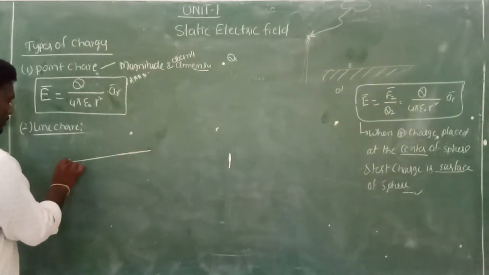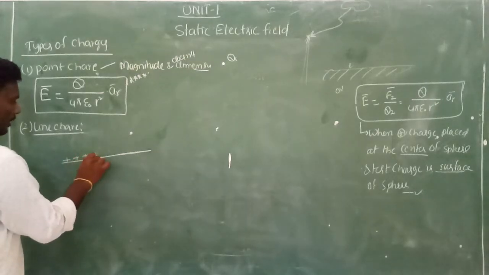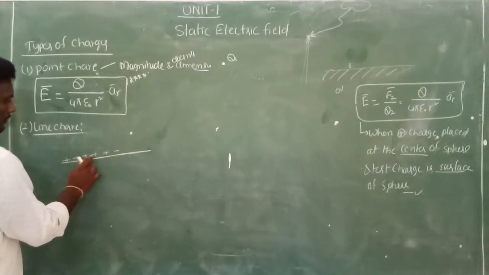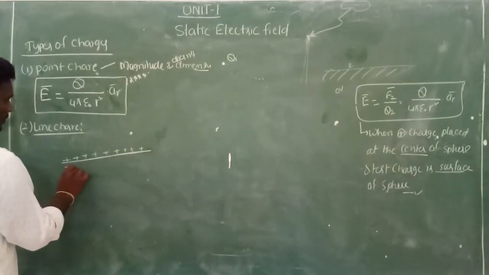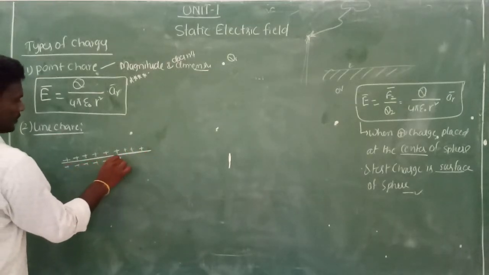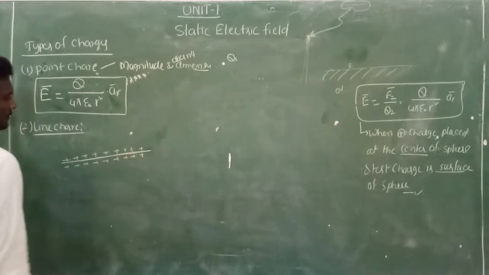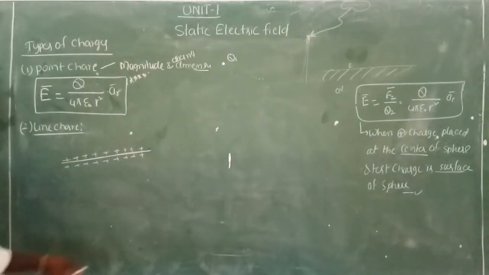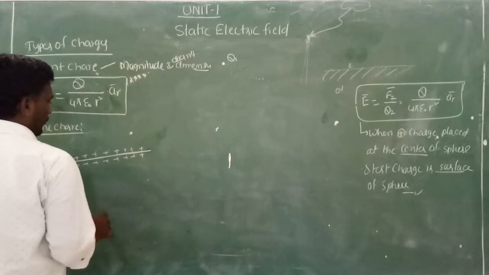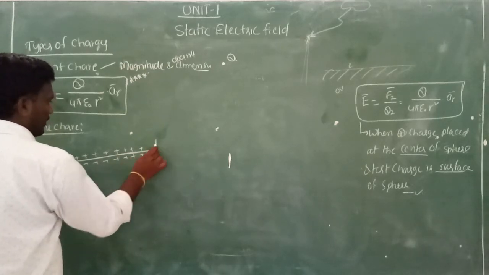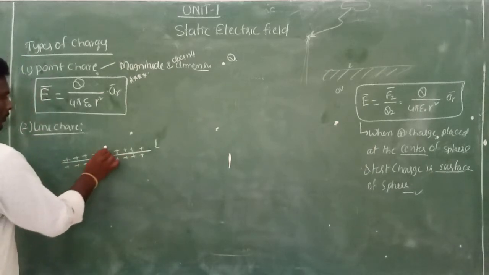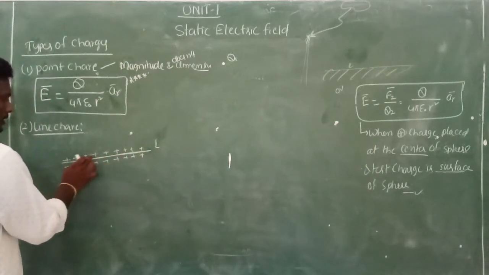So if my positive charge is uniformly distributed along this line, such charge is called a line charge. And if you imagine that the length of this line is capital L and the total charge, how much charge is there here?